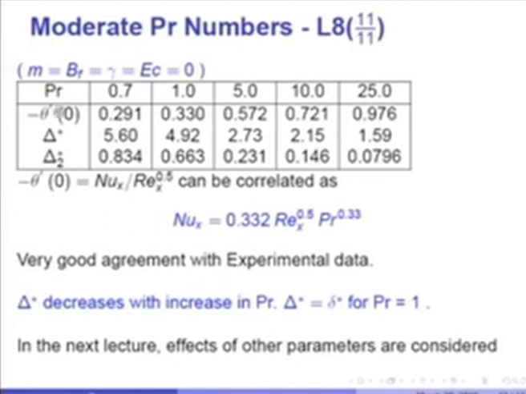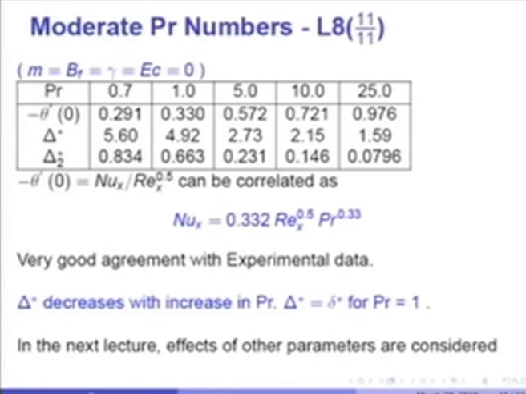One point to note, however, is that delta star, the thermal boundary layer thickness, increases with decrease in Prandtl number, or another way of saying, thermal boundary layer thickness decreases with increase in Prandtl number. And therefore, as we move towards oils and other things, where the Prandtl number is very, very large, you would see that the thermal boundary layer thickness would be much, much smaller than the velocity boundary layer thickness.